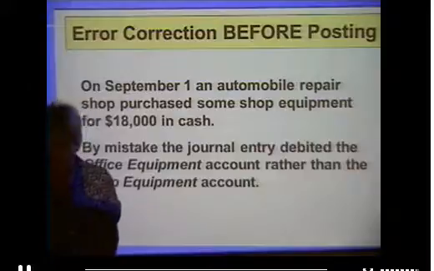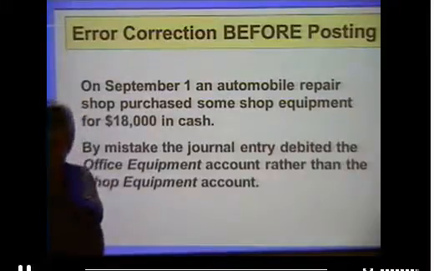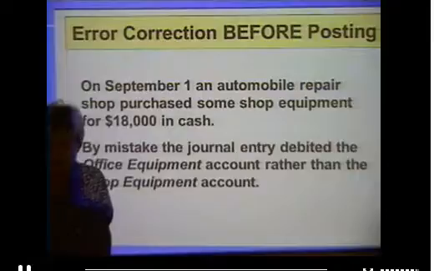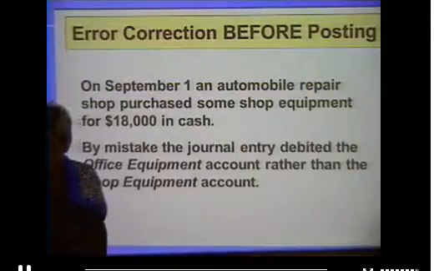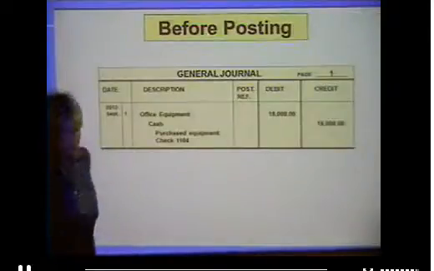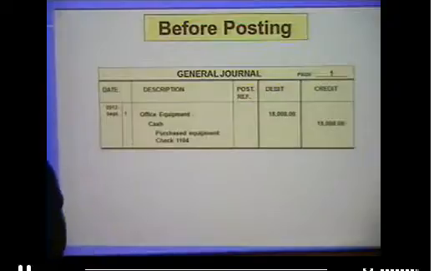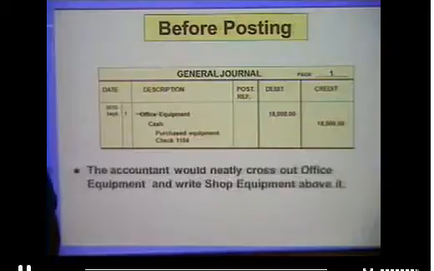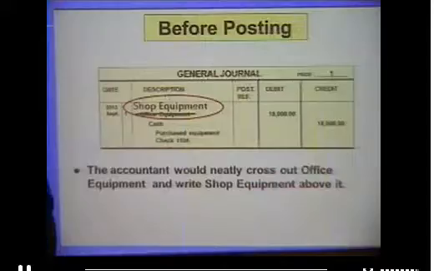It was the wrong account. How do we know we haven't posted it yet? There are no posting references. So we can fix this one. We can just draw a neat line through it and write the correct account above it. Then when we post, we put it in the right account.